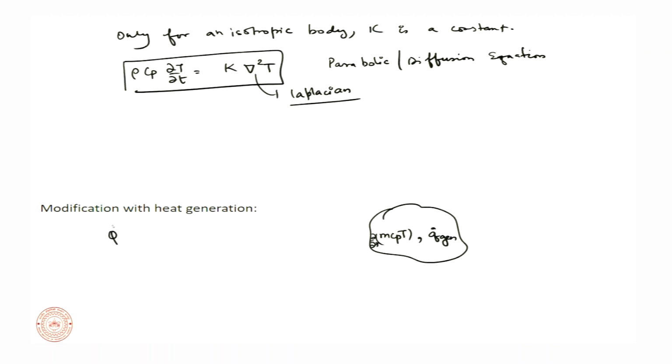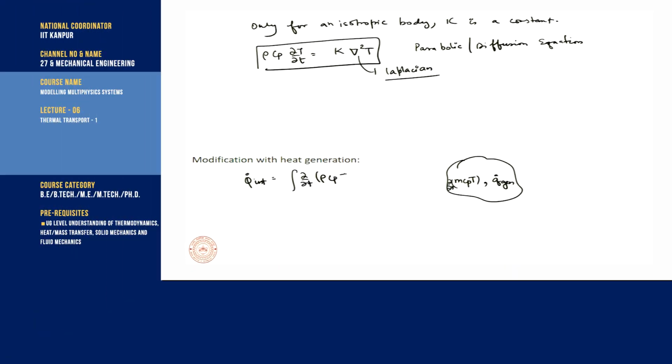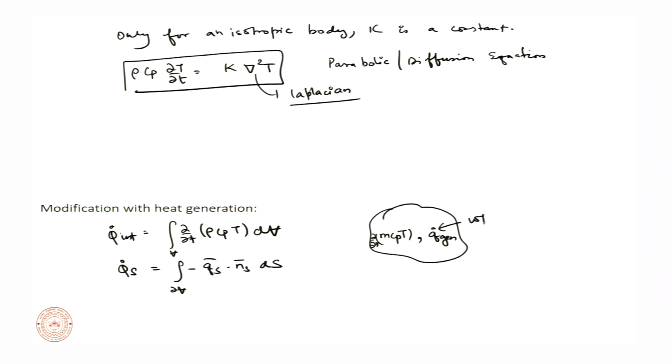So, q dot, let us write the old terms first, is equal to the integral of del by del t of rho Cp T dV. Q dot surface over volume was equal to the integral over surface of minus Qs dot Ns dS. This term is in the unit of watt per meter cube. It is a volumetric heat generation.